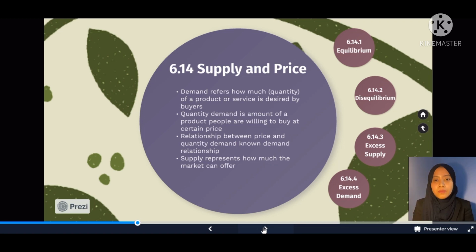Price is what the producers receive for selling one unit of a good or service. An increase in price almost always leads to an increase in the quantity supplied of that good or service, while a decrease in price will decrease the quantity supplied.